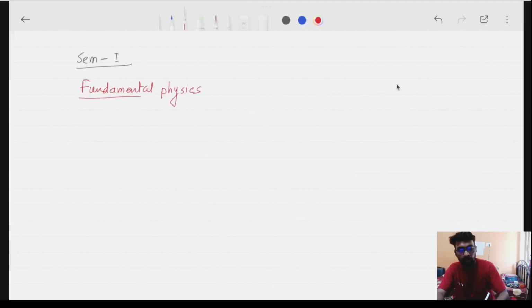So basically in your semester 1, in the fundamental physics course, there are two subjects. Subject 1 is mathematical physics.